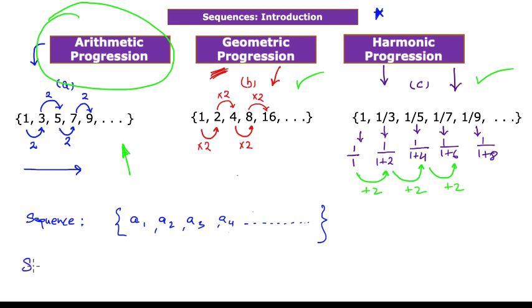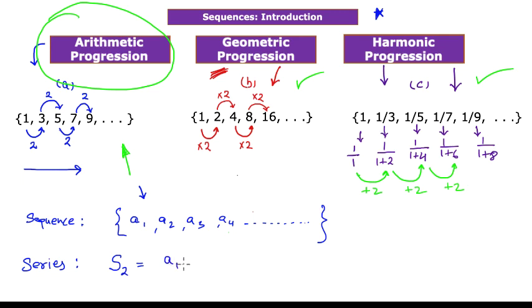Now, what exactly is a series? In a sequence, we talk about the numbers individually, but a series is a sum of the terms in a sequence. Meaning, when we say that there is a series S2, for example, then with reference to the sequence A1, A2, and so on, series S2 means the sum of the first 2 terms.